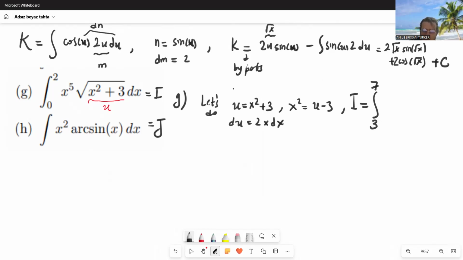And your 2x dx becomes, okay, you can borrow 1 x from here to here. So it is just x to the power 4 times x. So you can borrow x to get this form.